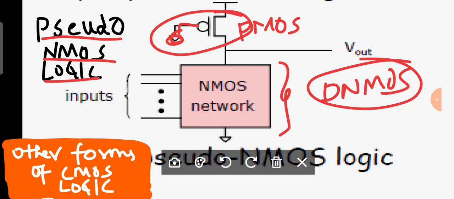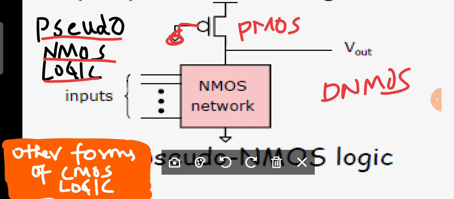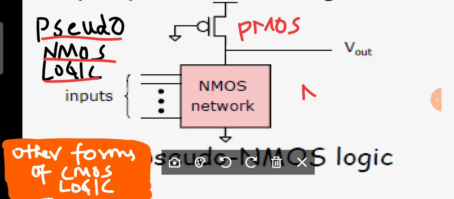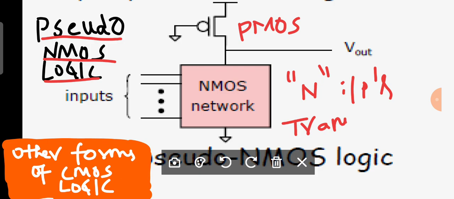Is it understood? Now, very importantly, how to design any boolean function using this one. First of all, let me explain. If there are n number of inputs, then how many transistors are required to implement the logic?